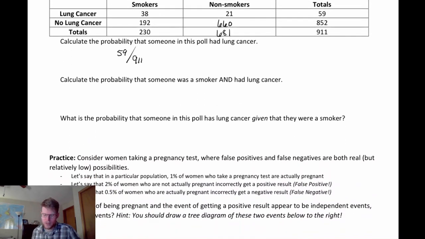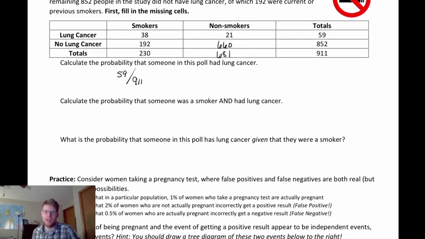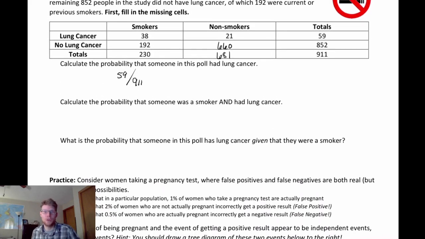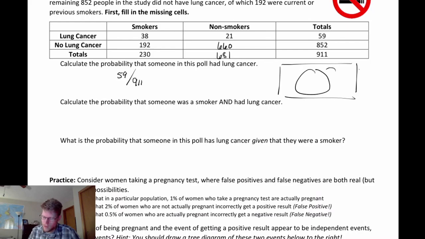Calculate the probability that someone was a smoker and had lung cancer. This is a little bit more specific. This is going to be an intersection if you want to think of it that way. If you think of two circles where we have lung cancer, we have smoker, we have some people in the middle, and then we have people who are neither.